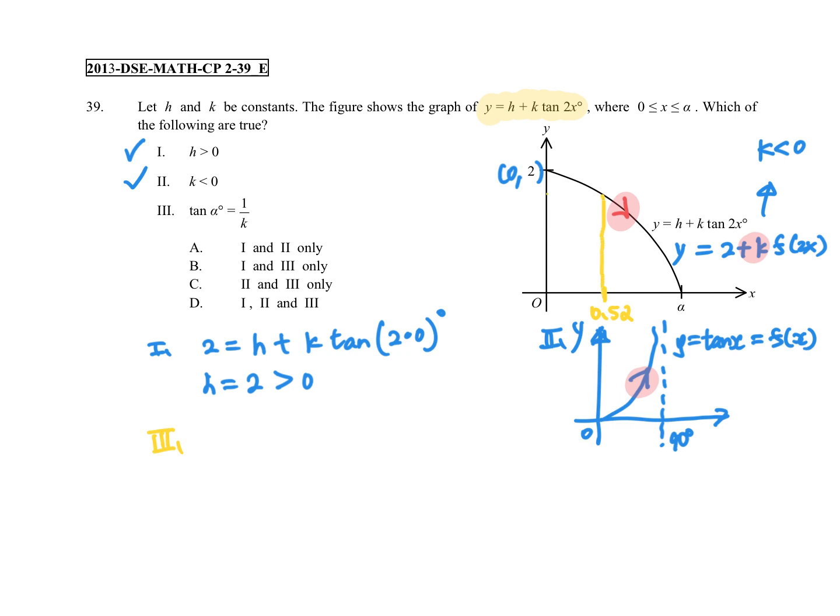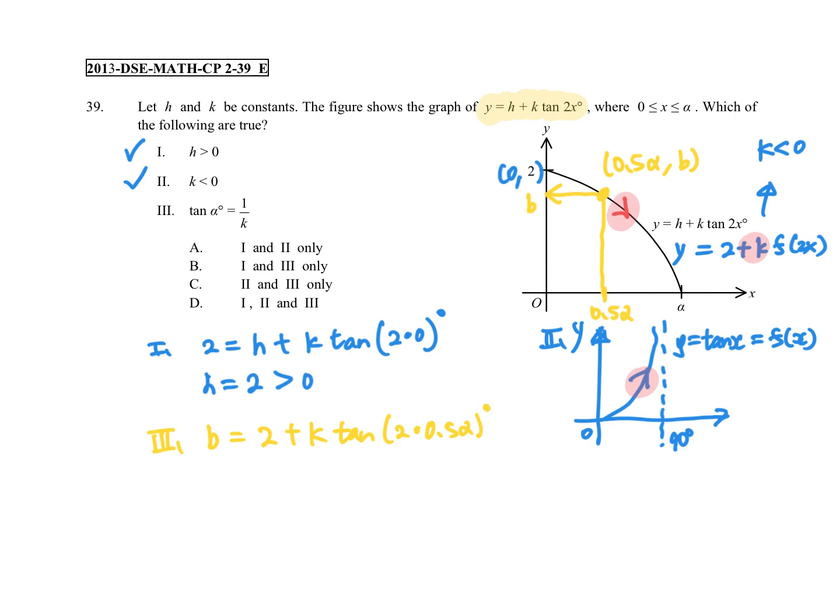And then here is less than 2, right? So for example, this is b. In this case, this is 0.5 alpha, b. And then this point is also lying on the curve. That's why b equals h, that would be 2, plus k tangent 2 times 0.5 alpha.